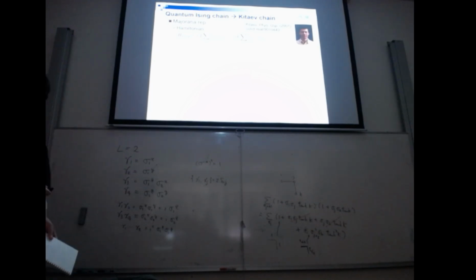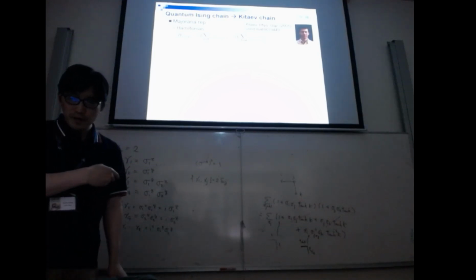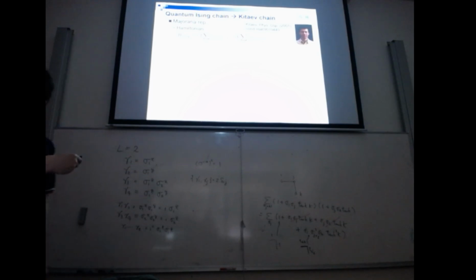And if you do that, you get this Majorana expression for the Ising model. And this is nothing but the Kitaev chain Hamiltonian, which was studied in his papers. And in this language, the duality I discussed earlier just means the translation by one Majorana site.